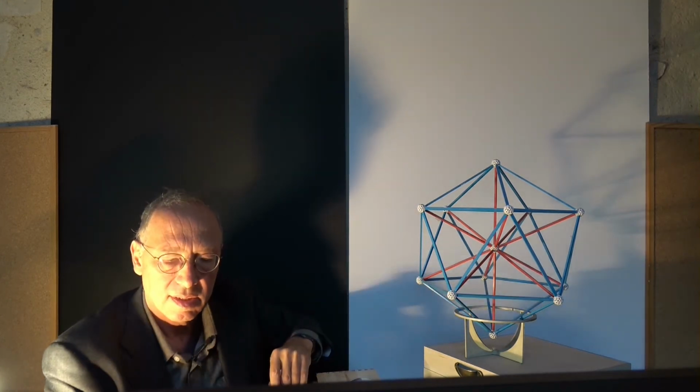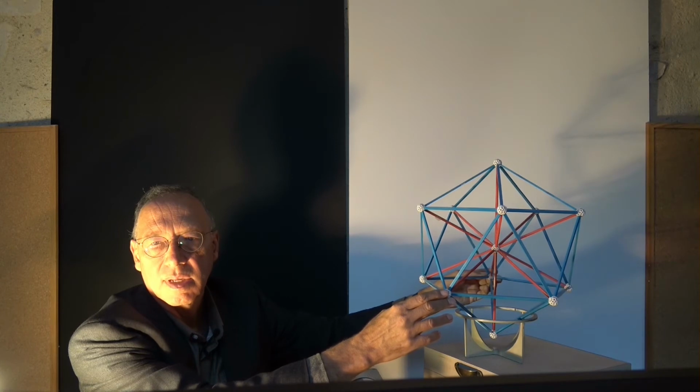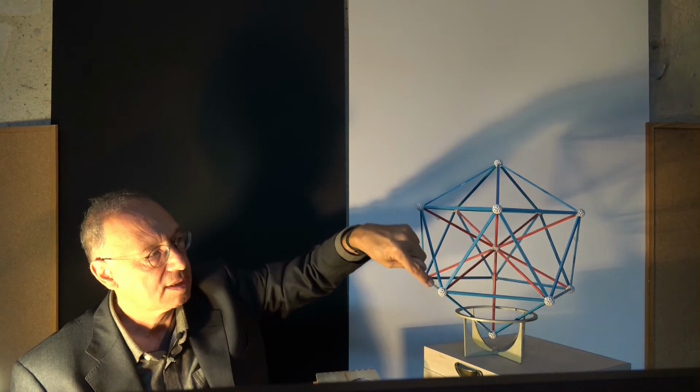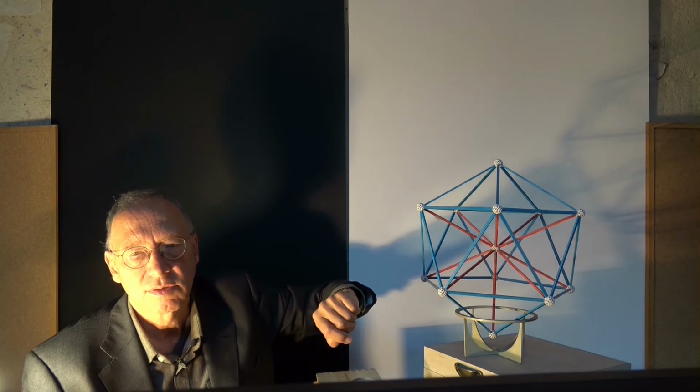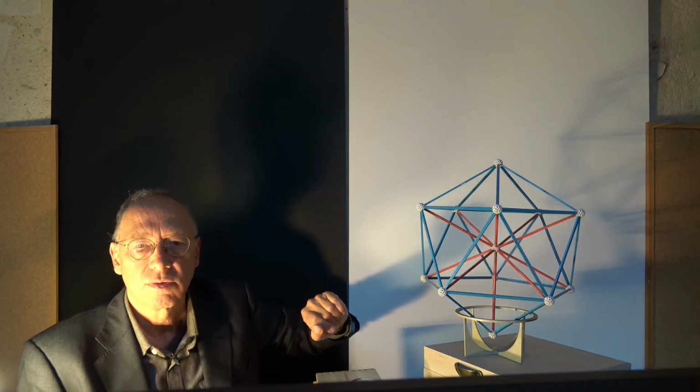Also, you see in this icosahedron its edges, which are in blue here, and its faces, which are delineated by 3 edges. Here is the face of the icosahedron, which is also located between 3 vertices. So here we have an icosahedral geometry which is fully defined by this set of vertices, edges, and faces.